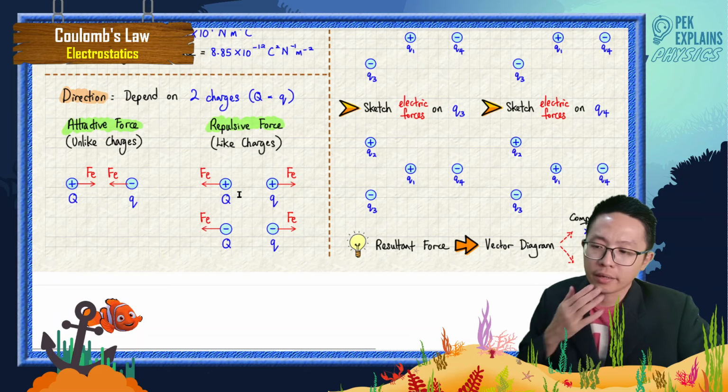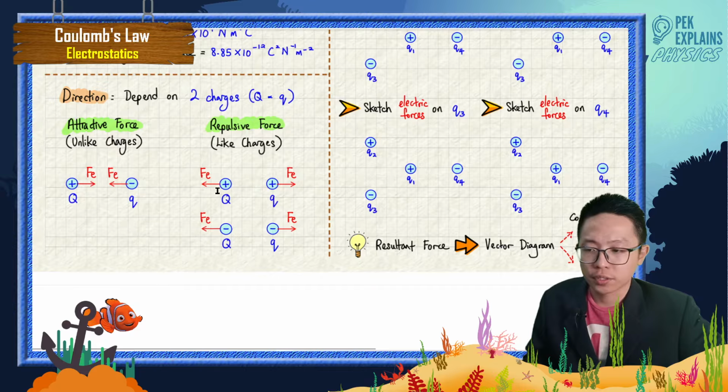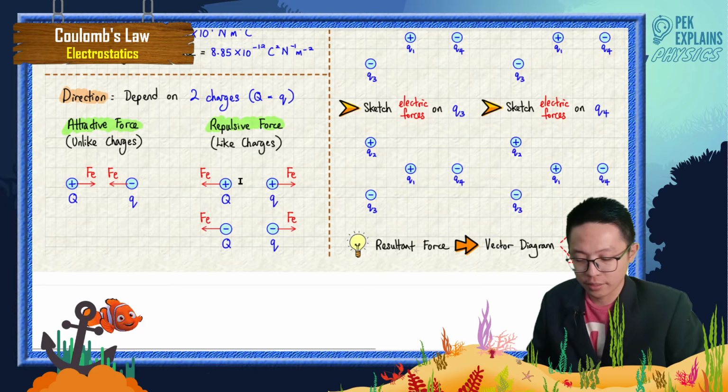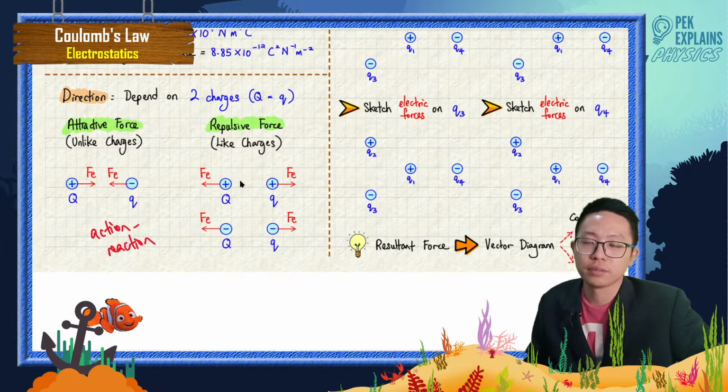And you know that electrostatic forces are action-reaction forces. That means these two forces are equal to each other but in opposite direction.